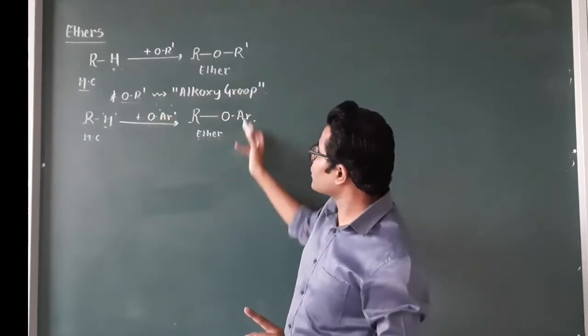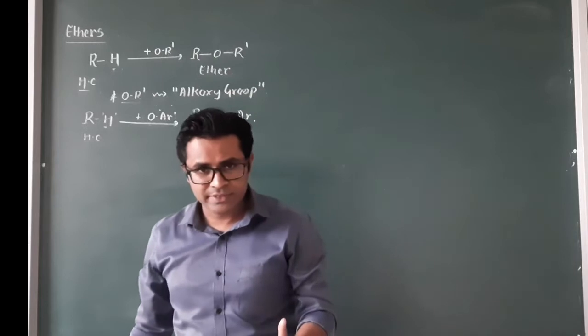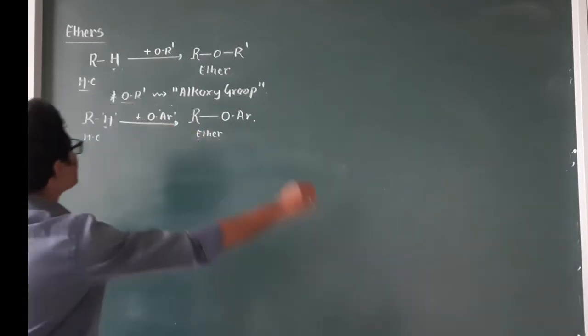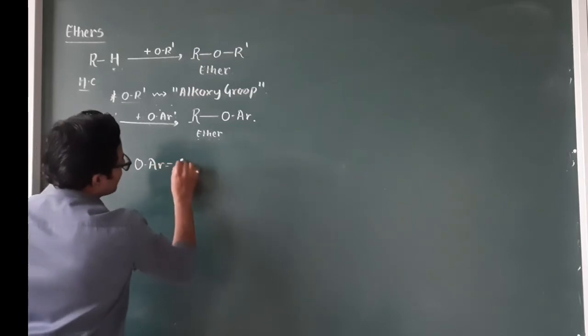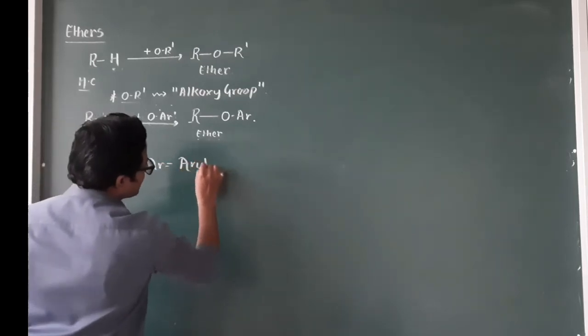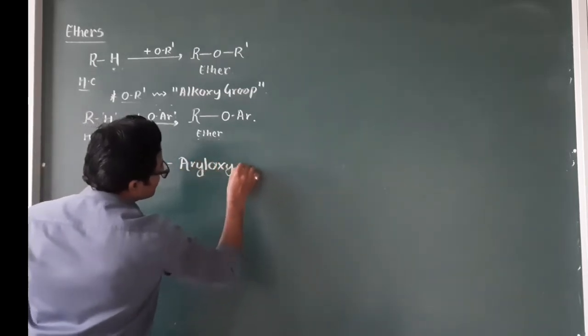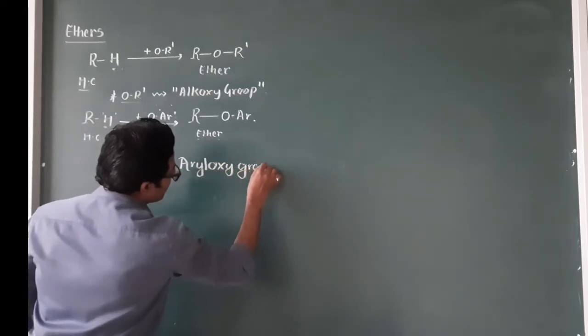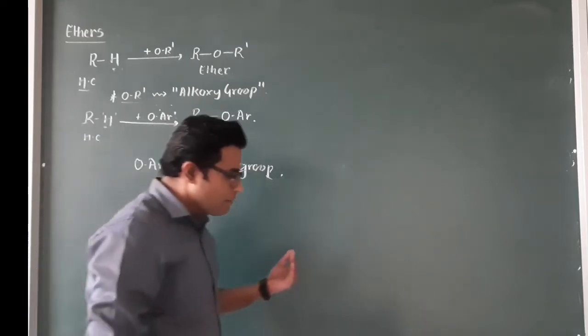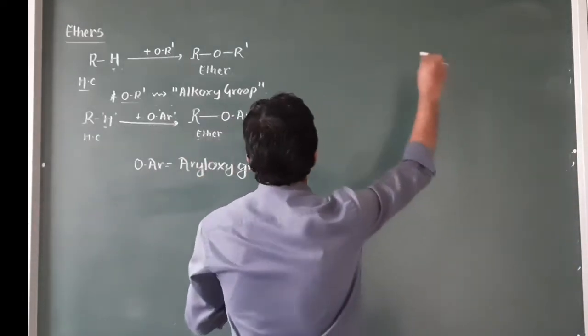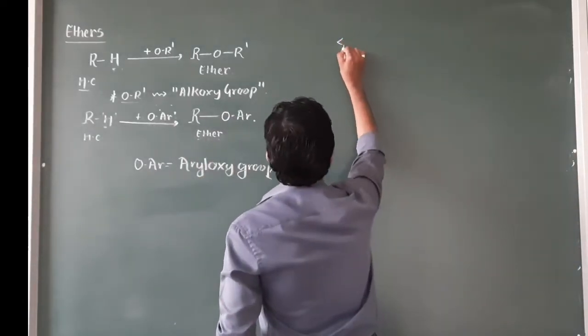The end product we get is an ether. So let us write here that OAr is nothing more than an aryloxy group.